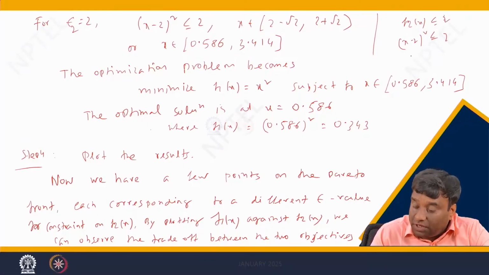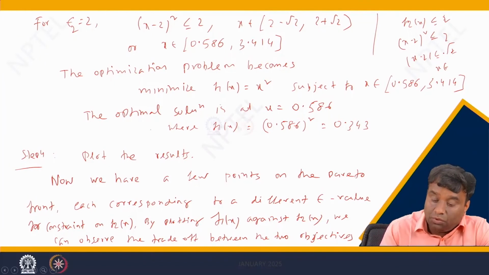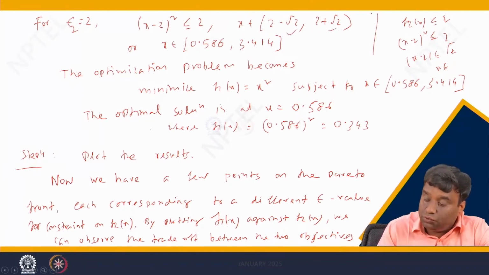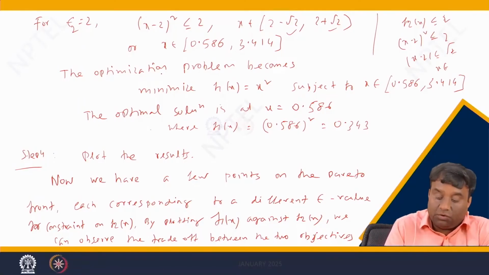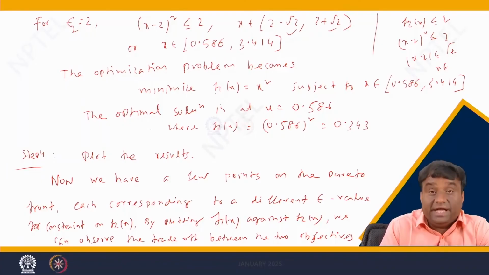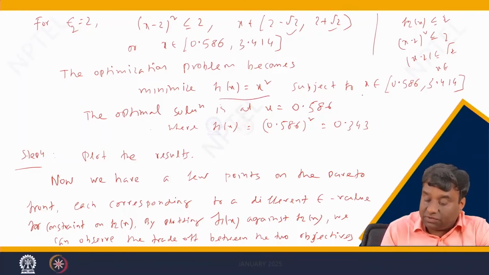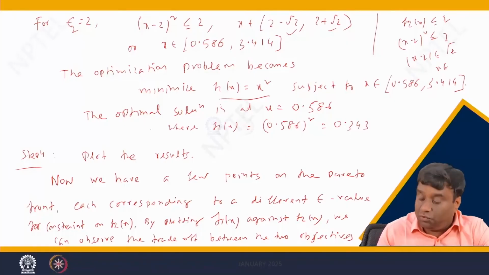So mod of x minus 2 is less than or equal to root 2. So x belongs to 2 minus root 2 to 2 plus root 2. So that is x belongs to 0.586 to 3.414. The optimization problem becomes: minimize f1(x) equal to x squared subject to x belongs to 0.586 to 3.414.